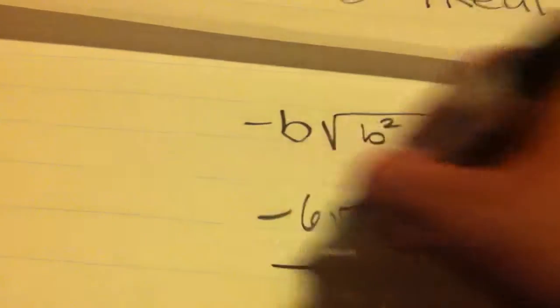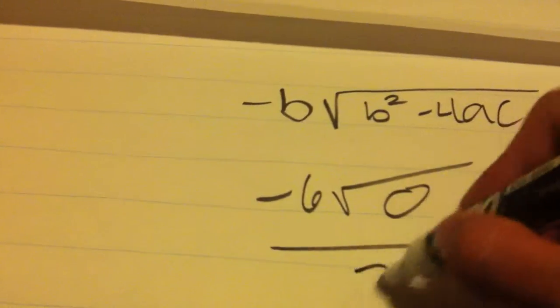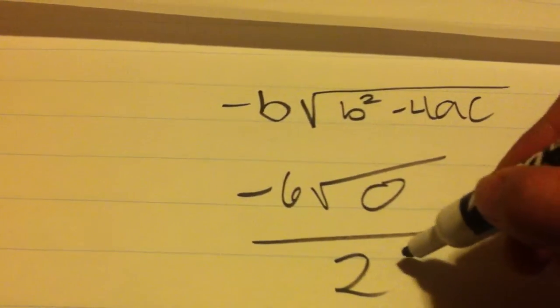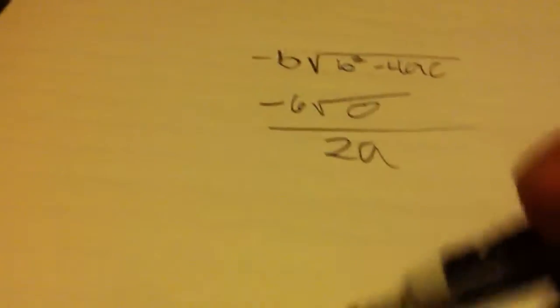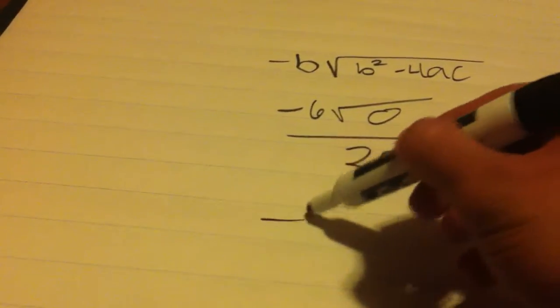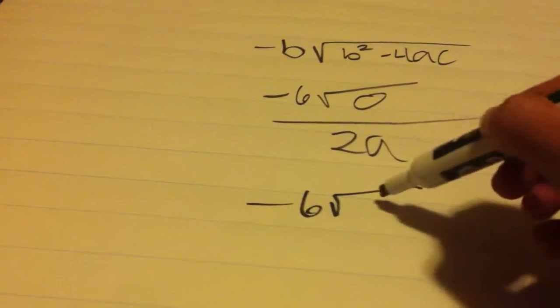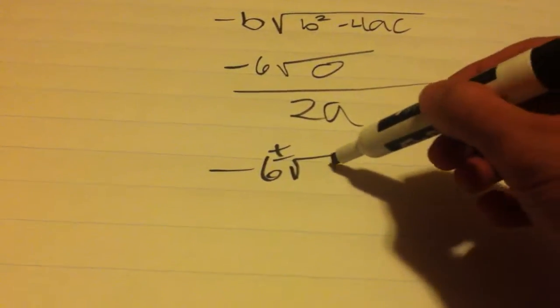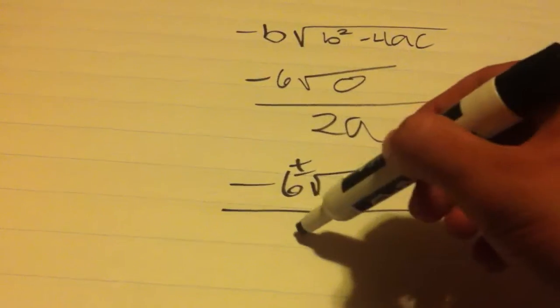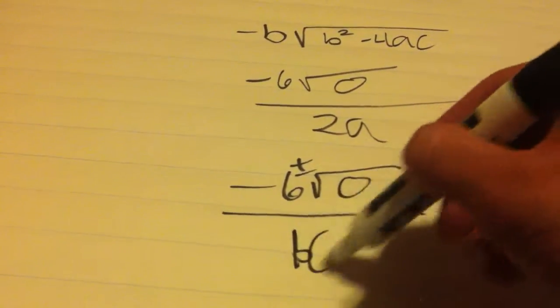I forgot, you have to divide by 2a. And since a is 5, it becomes minus 6 plus or minus 0 over 10.